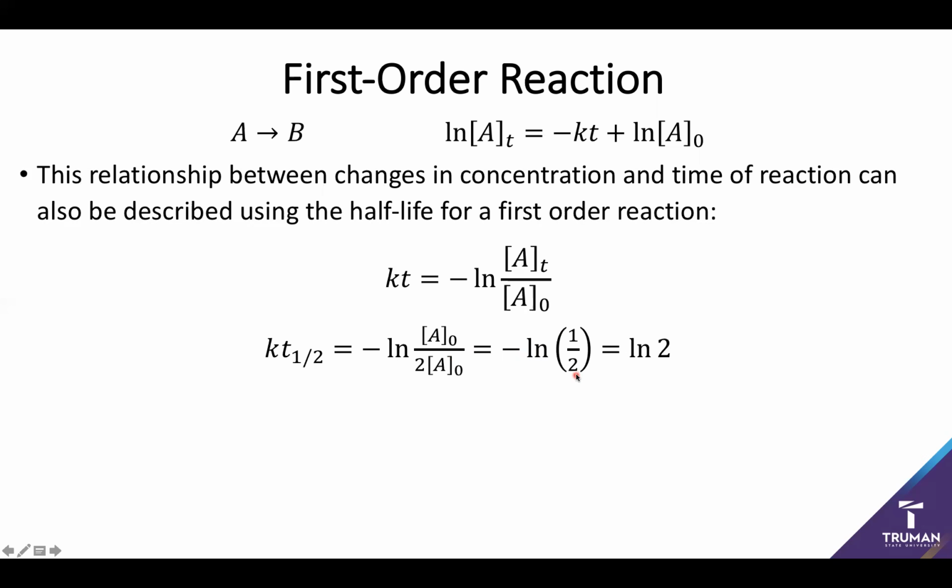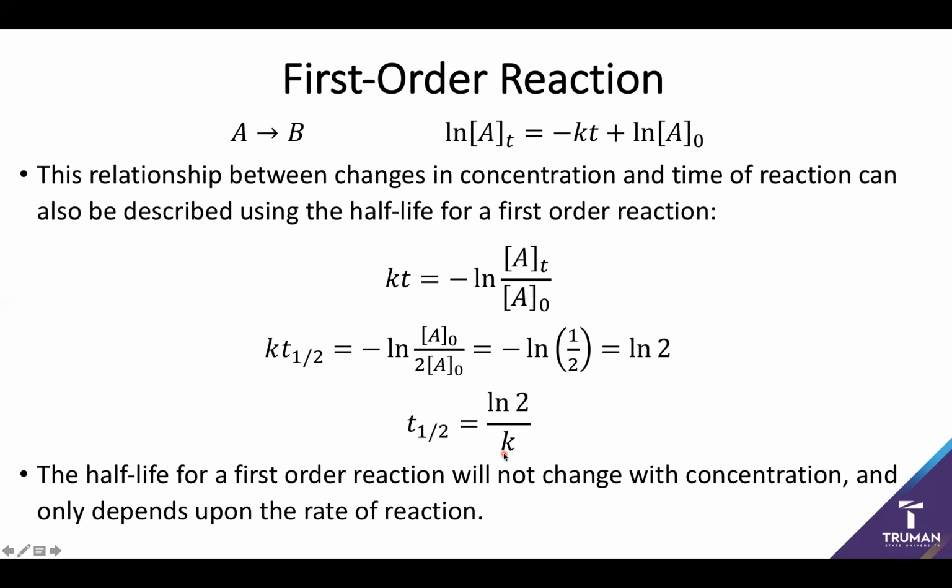Now, a fun feature of natural logs is that a negative natural log is the same as the inverse of whatever you're taking the natural log of. So thus, negative natural log of 1/2 is the same as natural log of 2, which means that kt equals natural log of 2. So thus, we can get our half-life simply as the natural log of 2 divided by the rate constant.